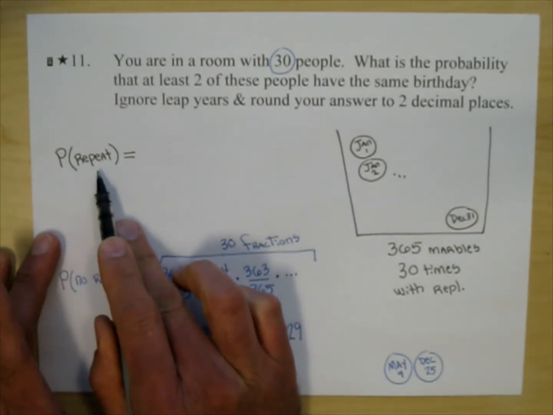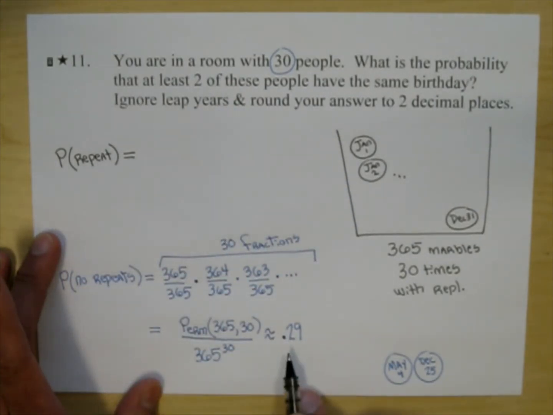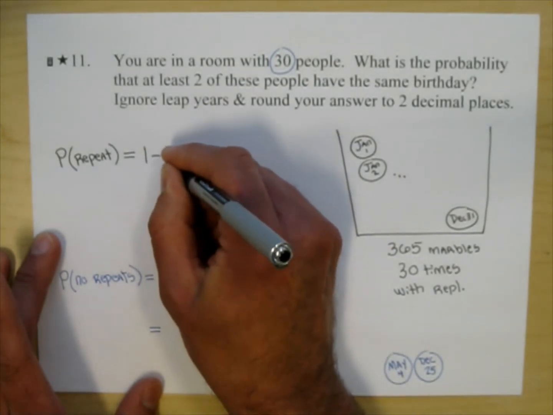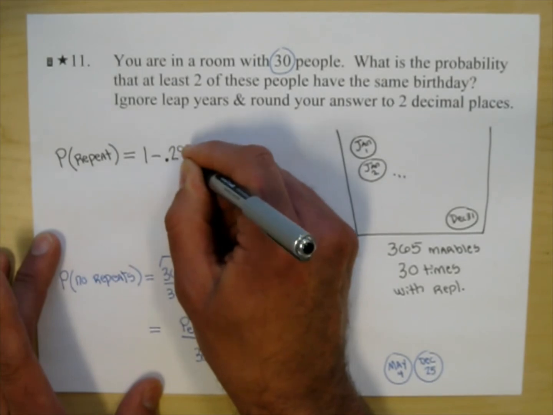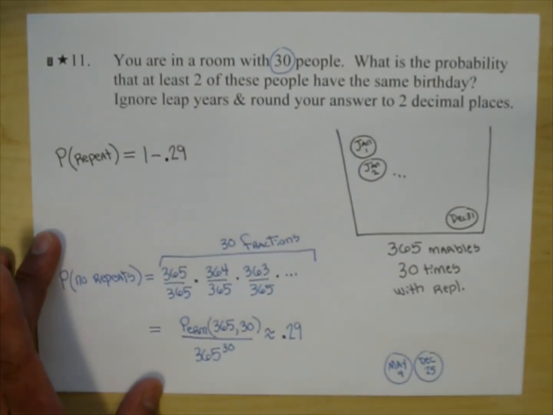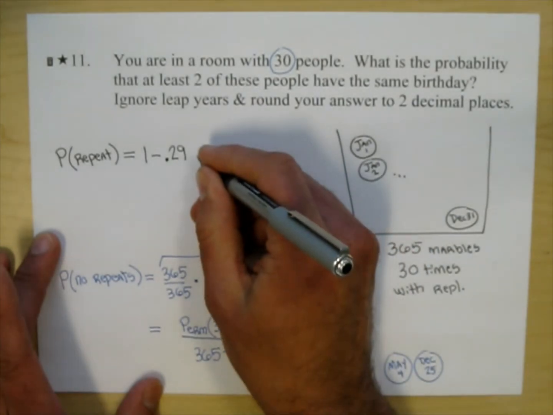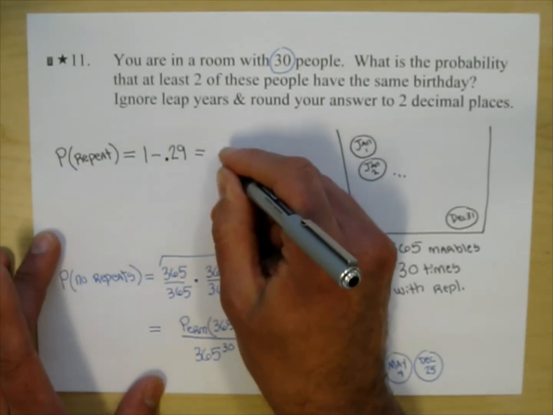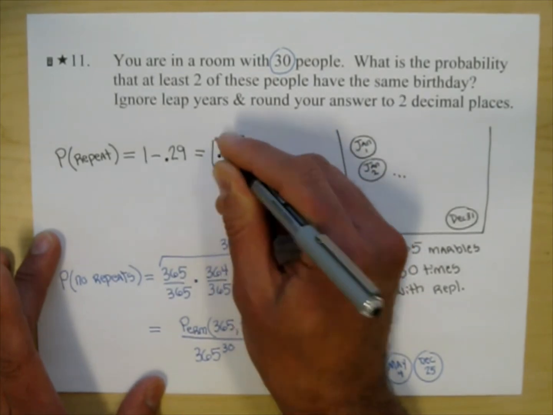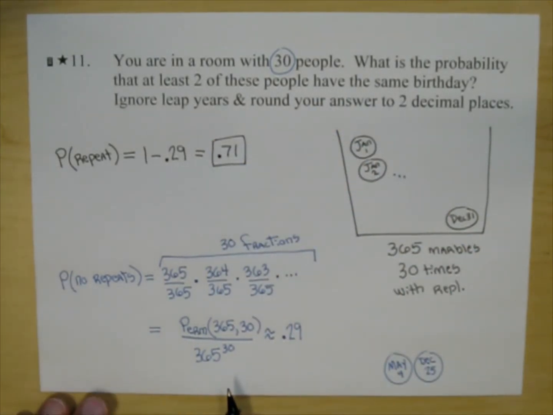What is the probability you get a repeat? I'm going to go 1 minus 0.29. You could say 100% minus 29% or whatever. However you get this done, you're going to end up getting 0.71, which completes our problem.